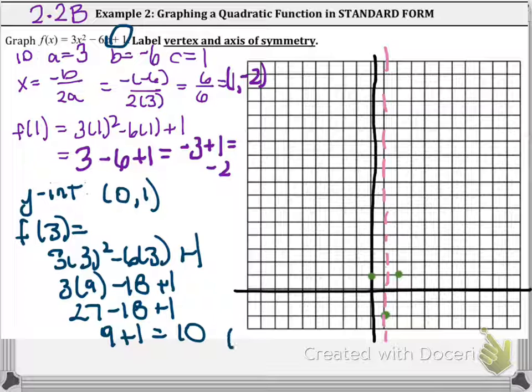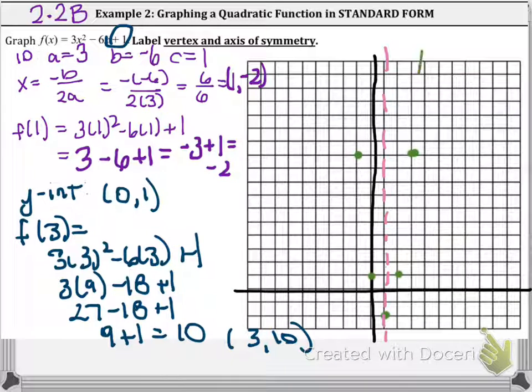So the point that I have here is 3, 10. I go over to the 3, and then go up 1, 2, 3, 4, 5, 6, 7, 8, 9, 10 here. And then I can reflect that point across the axis of symmetry.